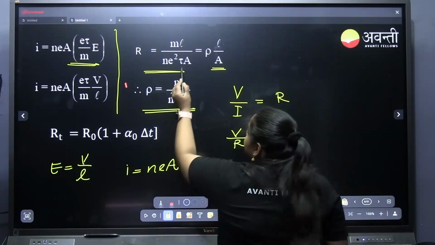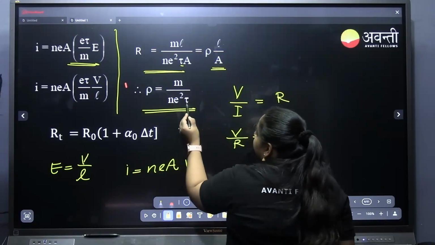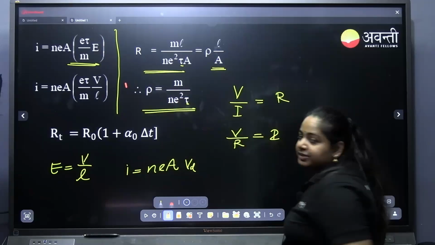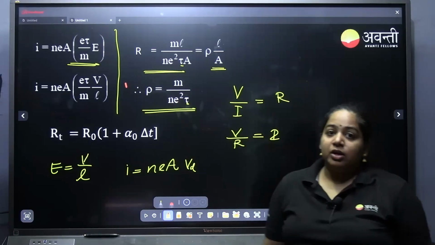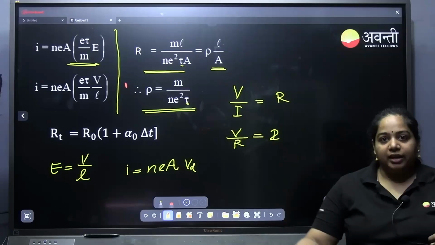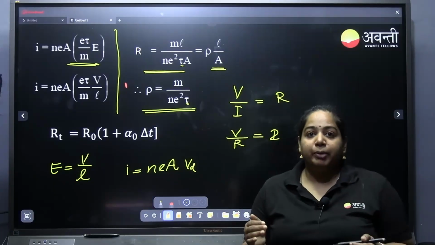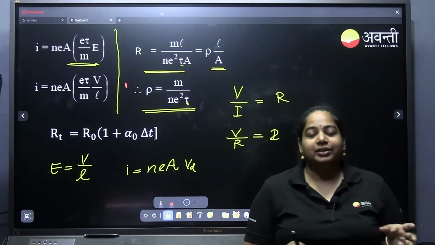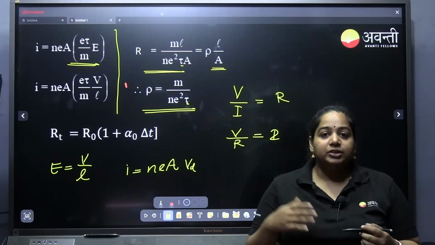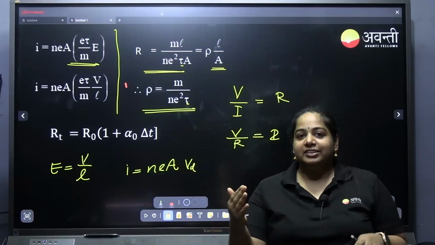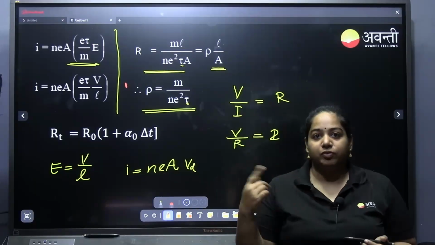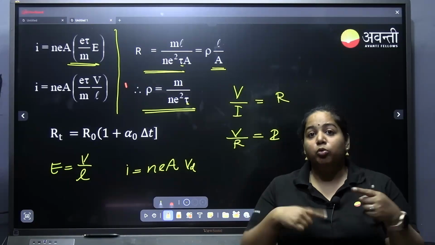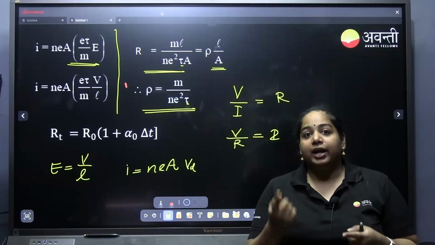Now as you can see, there is a time factor in resistivity and resistance, the relaxation time, which means the resistance and resistivity depend on relaxation time. Relaxation time depends on temperature, because why? When temperature increases, the energy of individual electrons will increase, which means they will move more randomly and collide more.